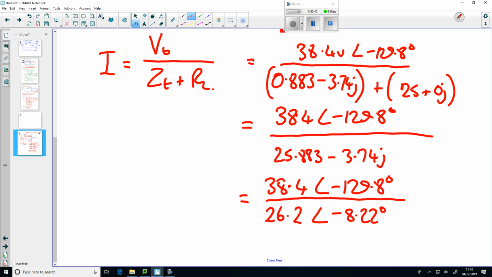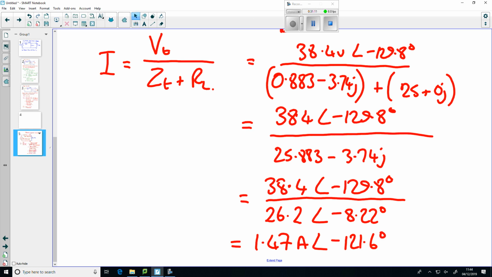And then the result of that division is, I've got 1.47 amps angle minus 121.6. Might be slightly different, but somewhere around that.